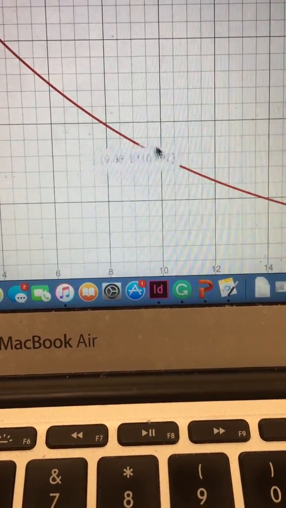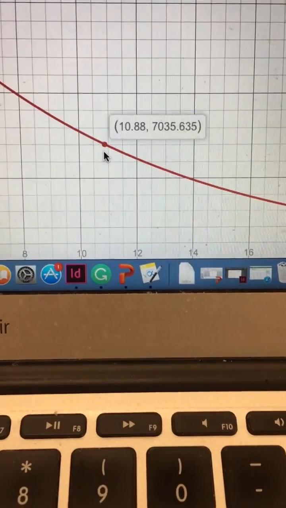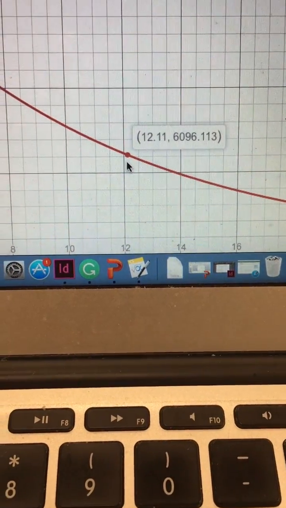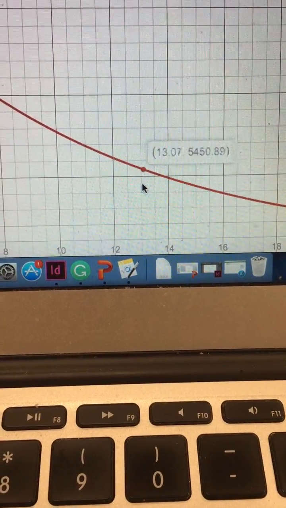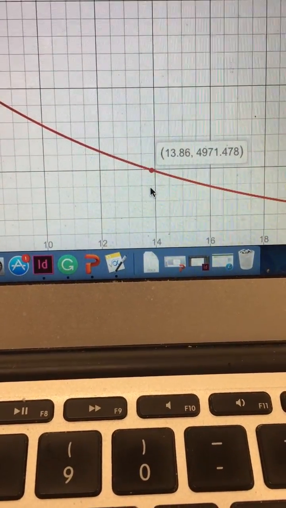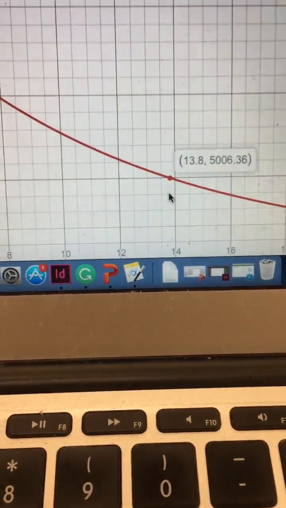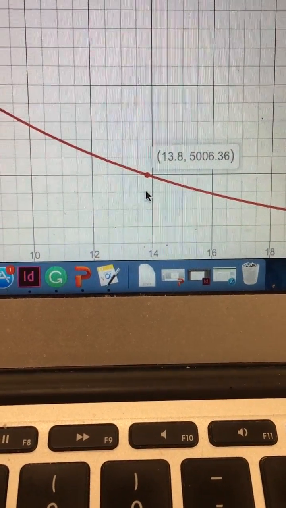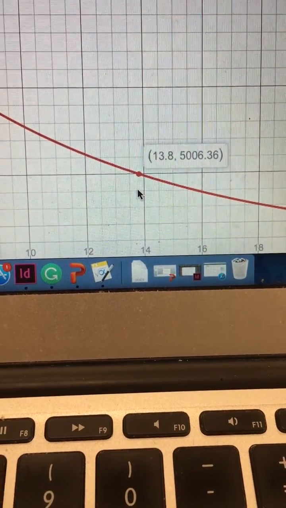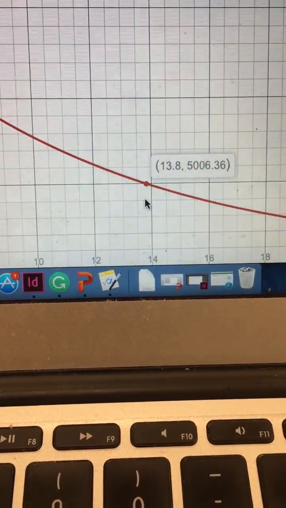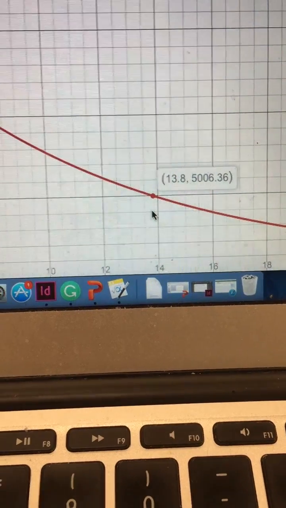And as I scroll down through the years, you could see it depreciating. Here's it at 7,000. Here's it at, ooh, I'm getting closer to 5. Oh, that's so close, 13.8. So about 13 to 14 years is when my car would be equal to 5,000.